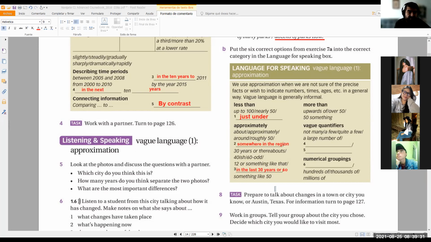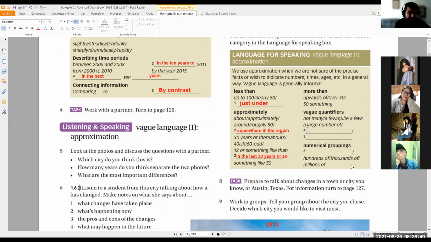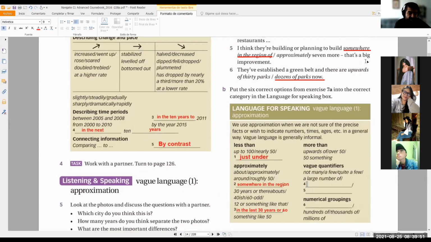Number 4. Yes. Well, we choose 3. Number 3? What do you mean? No, in this case, number 4, what would be the expression? Okay, wait, my book.